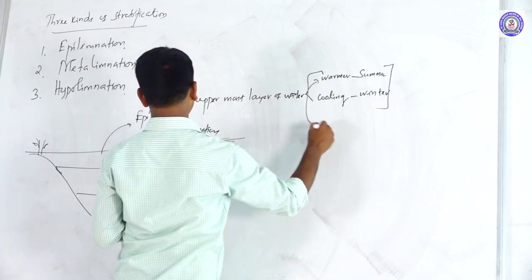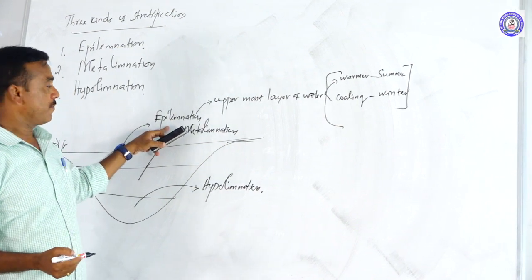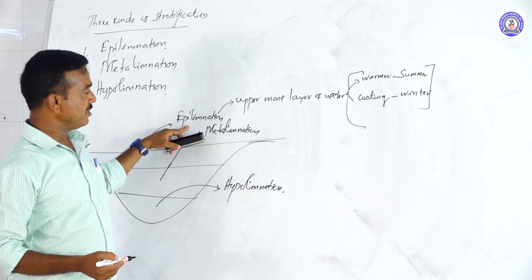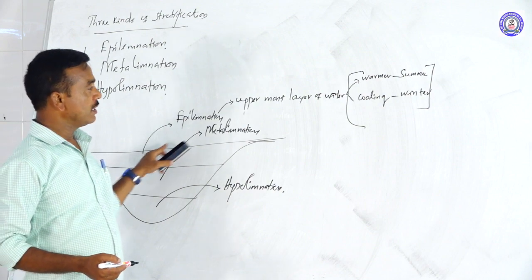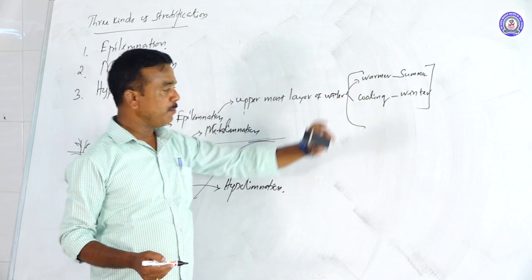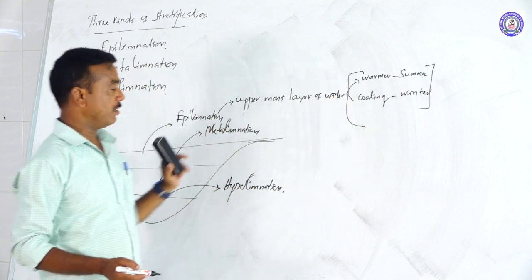These are the specifications of epilimnion. So epilimnion is the uppermost layer of water bodies, which is warmer during summer and cooling during winter.